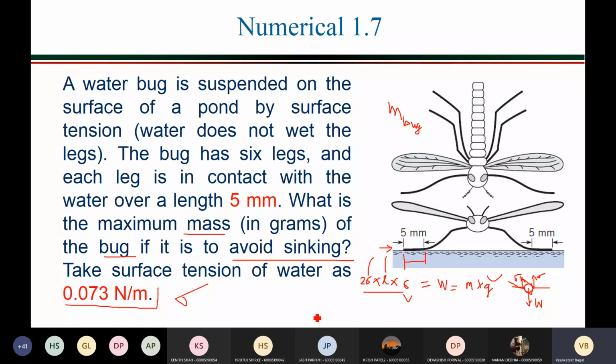So what is the mass of the bug now? In grams, huh?